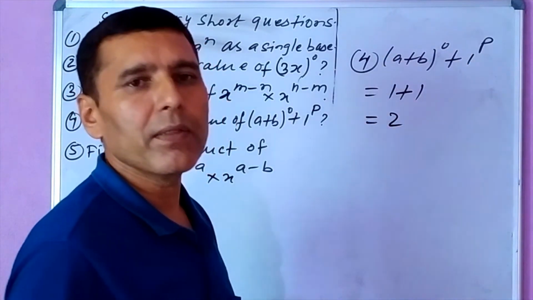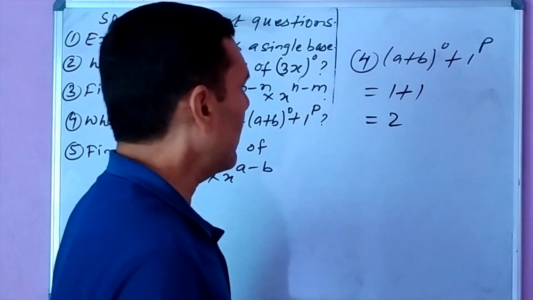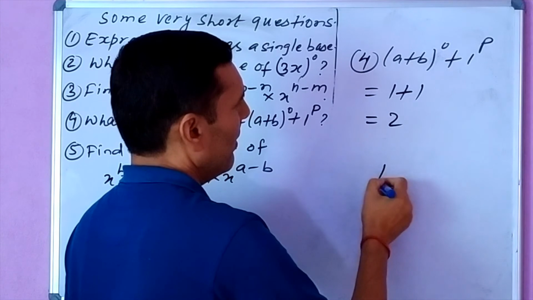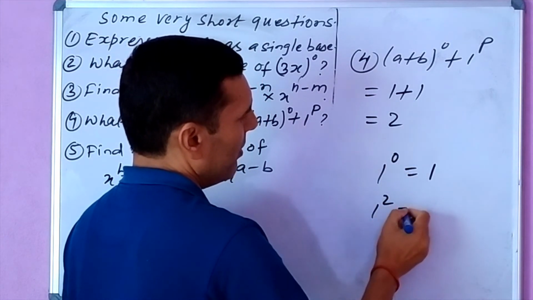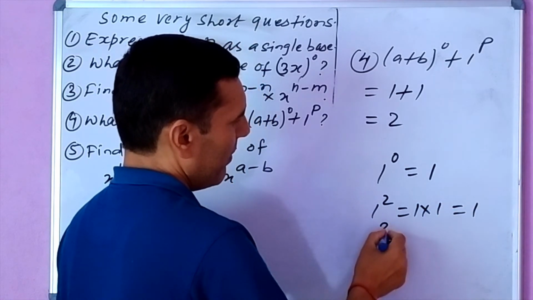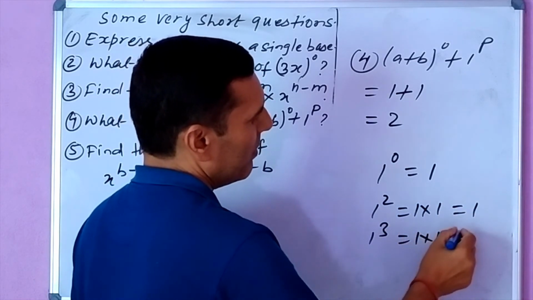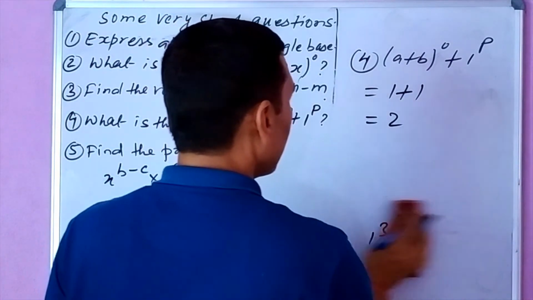So its value is 2. Please remember this. Any power of 1: 1 to the power 0, 1 to the power 2, which is 1 into 1, is also 1. 1 to the power 3, 1 into 1 into 1, is also 1. So any power of 1 is 1.